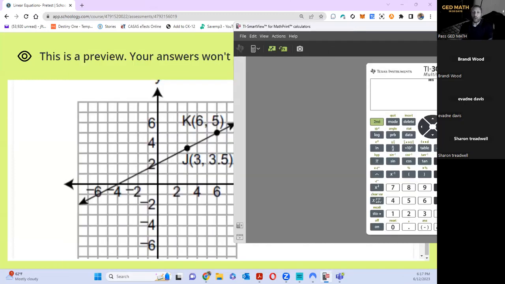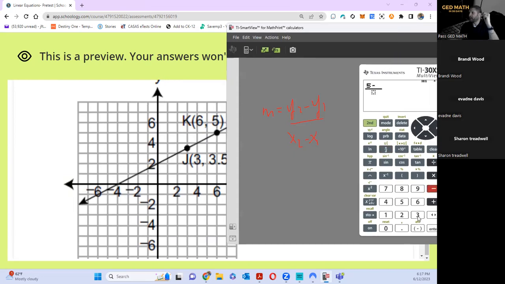Why? Because if I know the formula, watch how easy this is. Y2 minus Y1 over X2 minus X1. Watch what I do. 5 minus 3.5 over 6 minus 3.